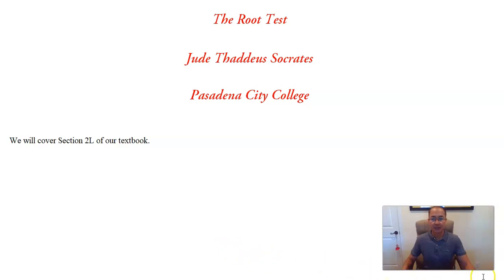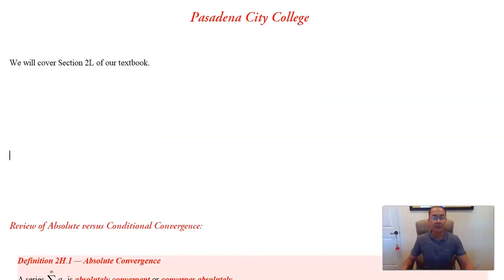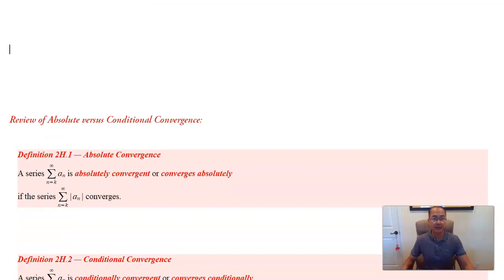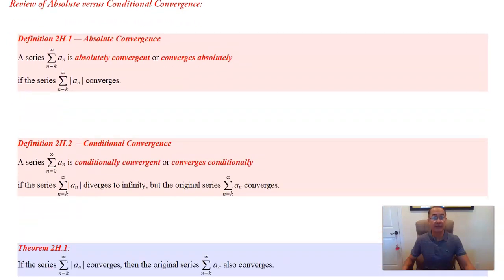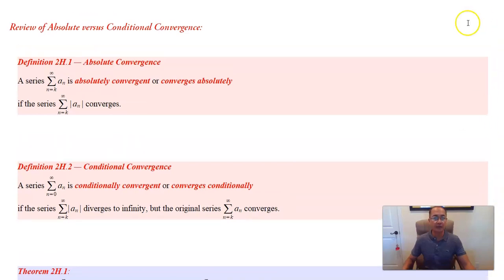Just like we did in our last video when we talked about the ratio test, let's first review the two kinds of convergence that we see for infinite series. There is such a thing as absolute convergence, where the series with the absolute values of the terms converges.